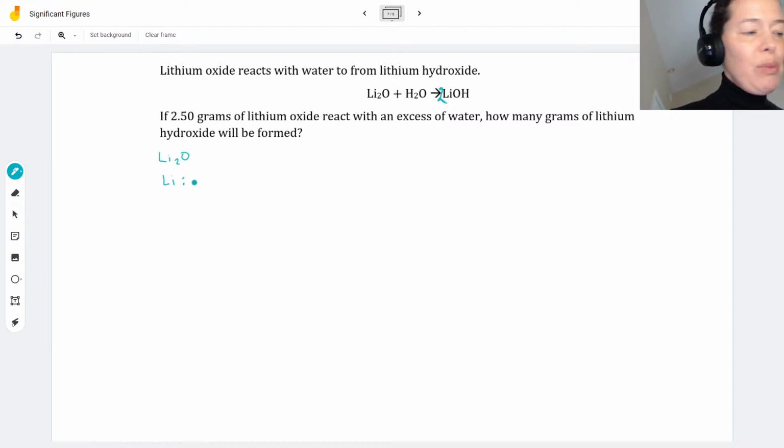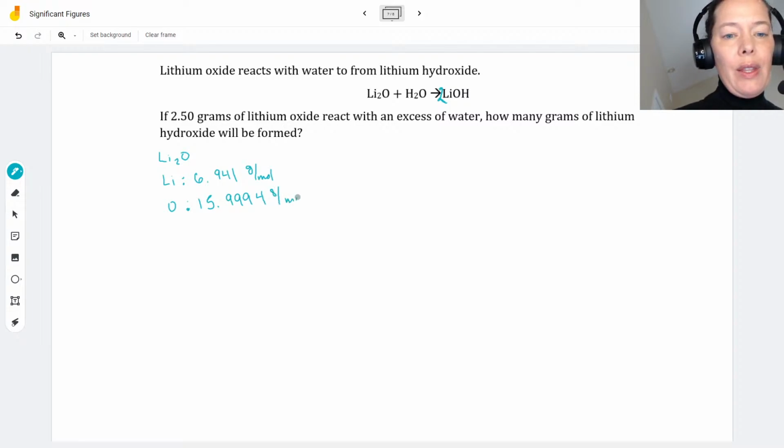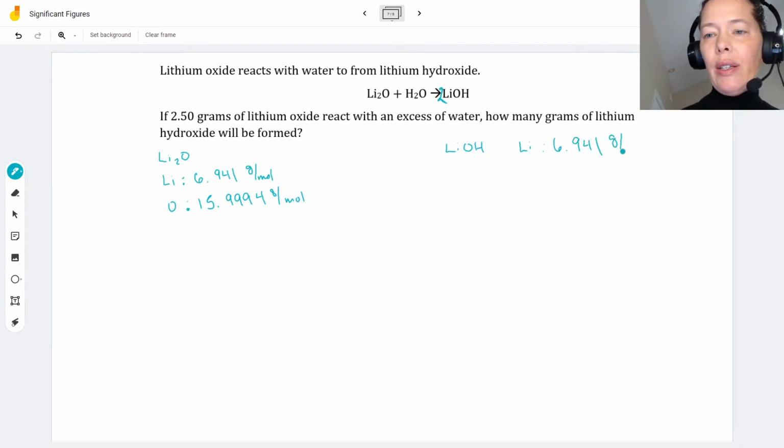So lithium's molar mass is 6.941 grams per mole, and oxygen, again, is 15.9994. And I'm just going to go ahead and write this out for lithium hydroxide as well. Again, lithium is the same, 6.941.